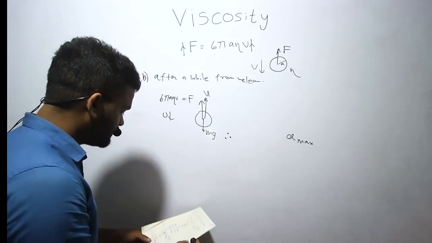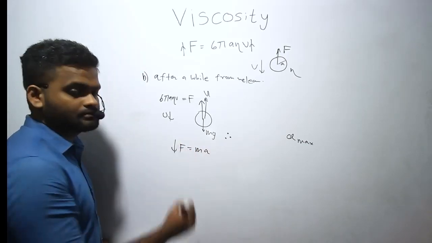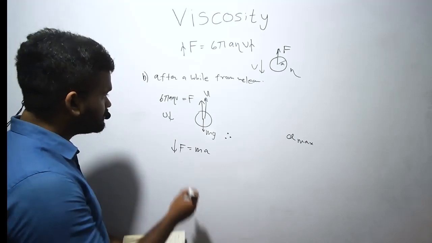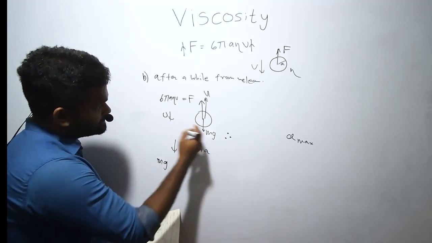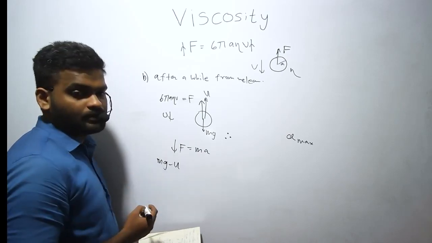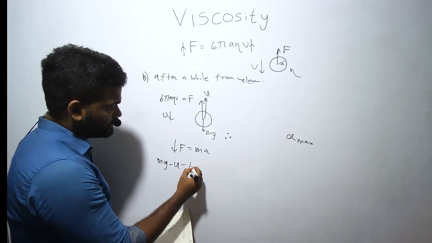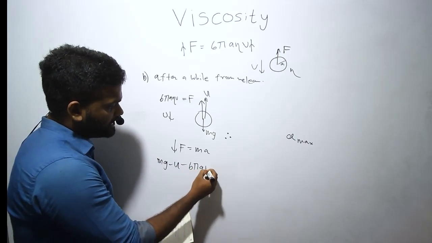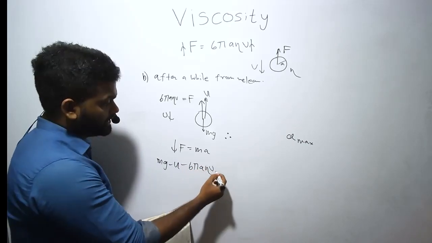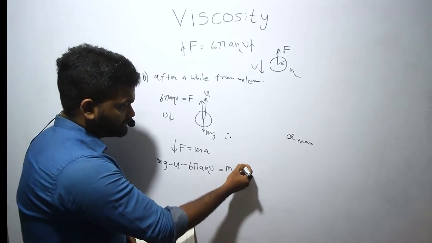So if they ask for the acceleration in this case, after a while, again you just have to apply F equals ma. Let's say downwards. So mg downwards, u upwards, F upwards. Instead of F, I'll put 6 pi a eta v equals mass times acceleration dash.